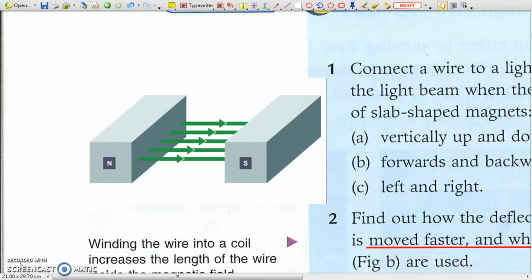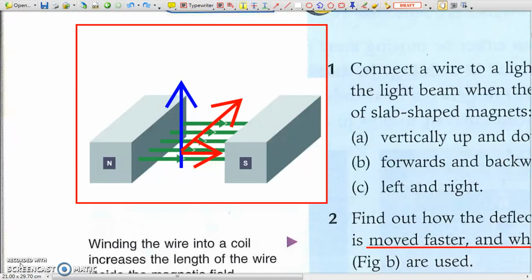What about the first part of the video? Between the poles there is magnetic field. We may represent the magnetic field by magnetic field lines, also known as magnetic flux lines. In order to induce EMF, the wire must move and cut the flux lines.